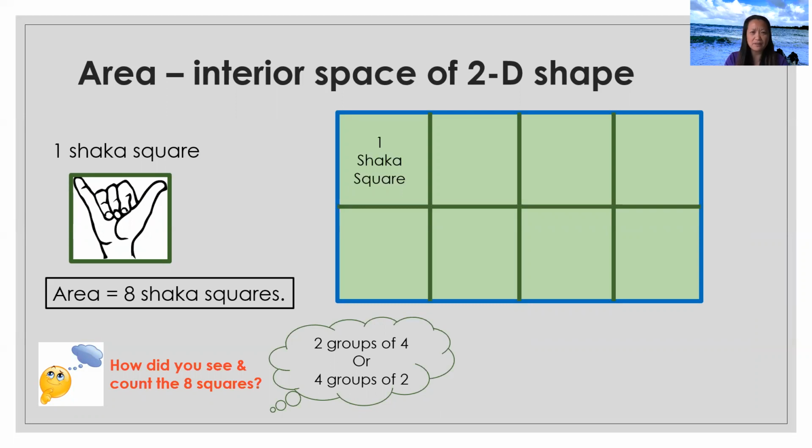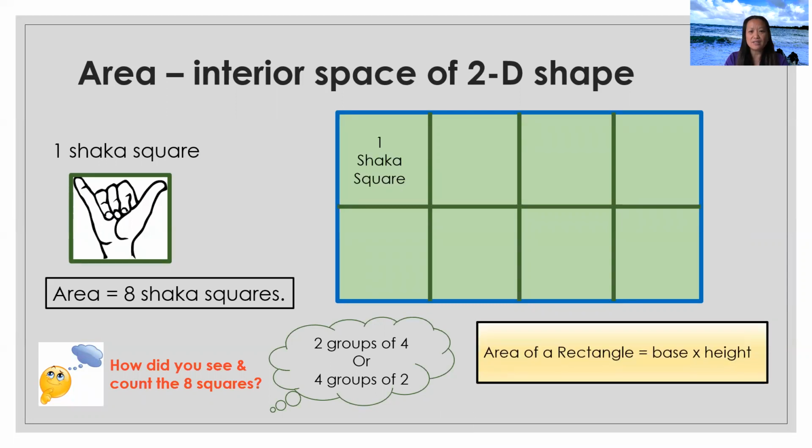Why did I just talk about that? Because that's the foundation of why the area of a rectangle is base times height. In this case, 2 times 4 or 4 times 2. And we know multiplication is commutative. That means it has the any order property, so you can switch it. Base times height, height times base is the same thing, right? And that's the basic idea of why the area of a rectangle is base times height.